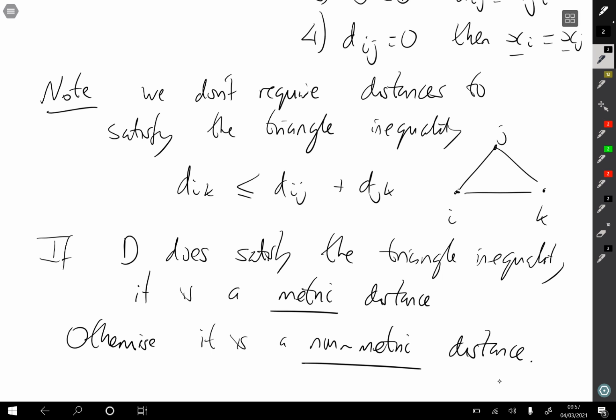But we're going to be dealing sometimes with data that is the result of asking people to rank similarities or to say how similar different objects are, and people aren't always consistent. So suppose I was asked about the difference between certain restaurants. I might say there's a big difference between Pizza Express and McDonald's.